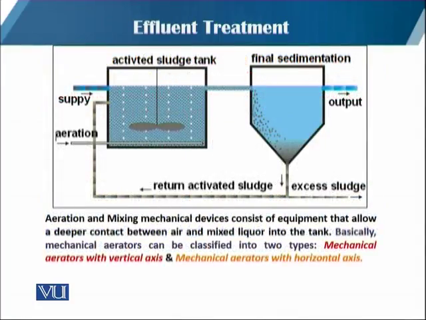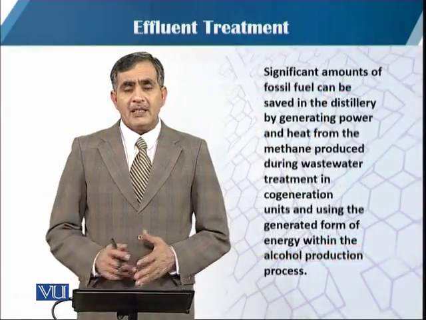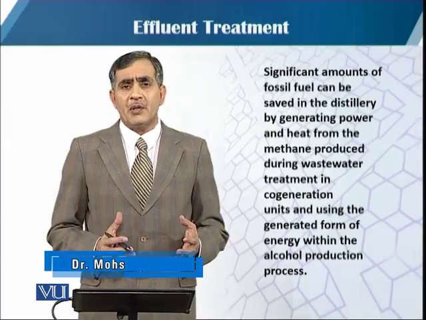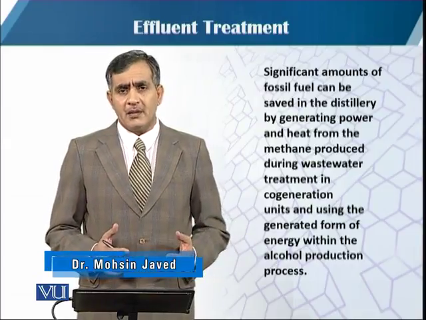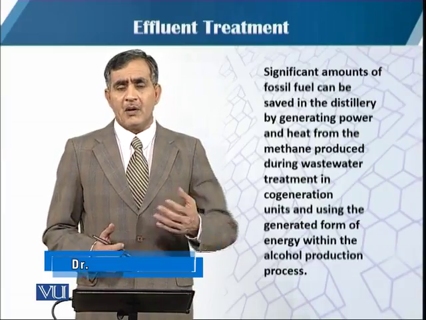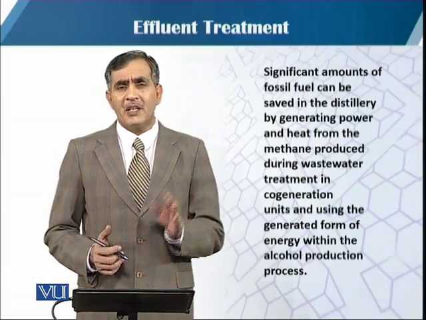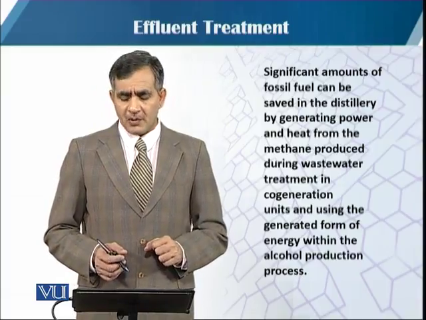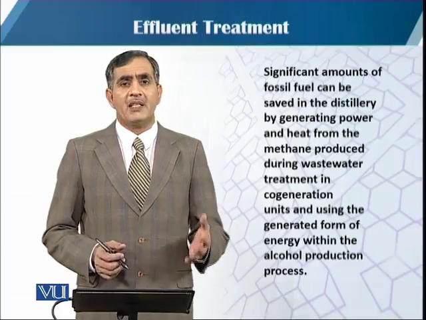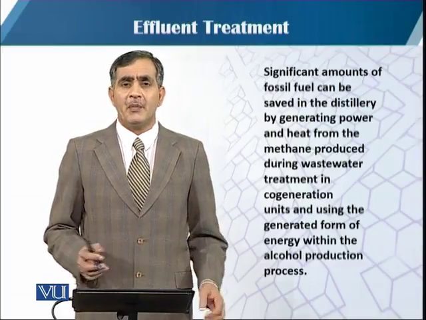As concerned the activated sludge, you can see that aeration and mixing mechanical devices are needed to aid the treatment. In anaerobic treatment, biogas is produced during the whole process, which we call an alternative fuel. That can reduce the pressure on fossil fuels. In order to reduce fossil fuel use, we can save a lot of energy by using effluent treatment.